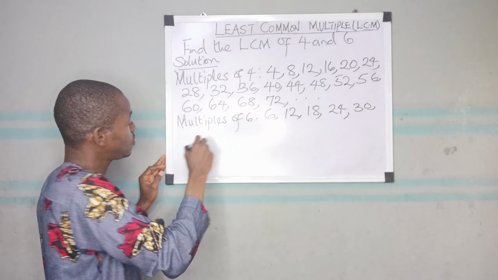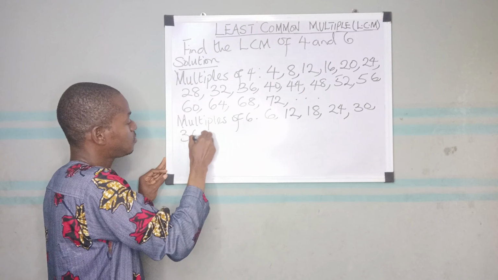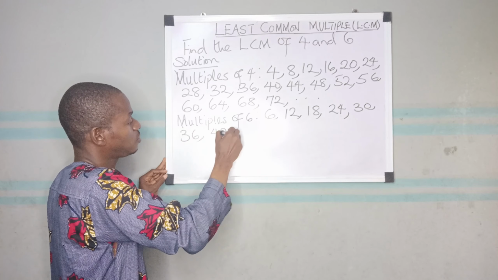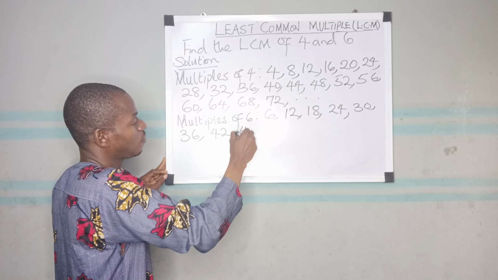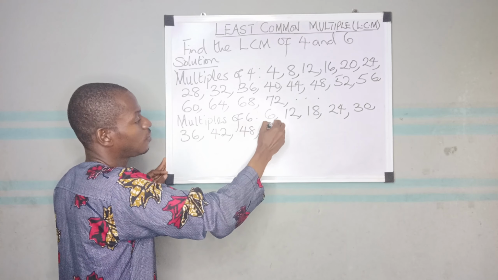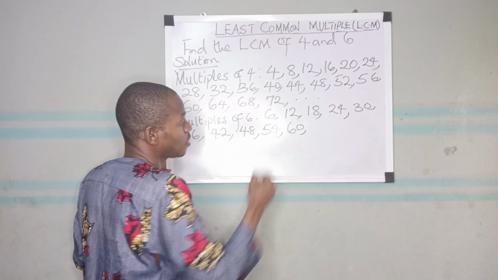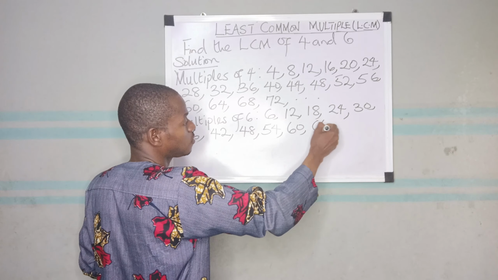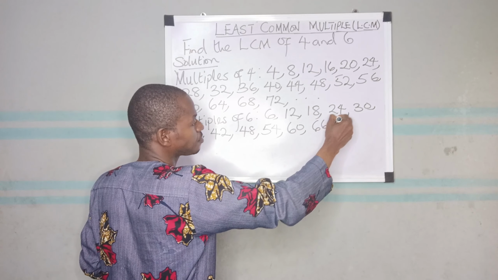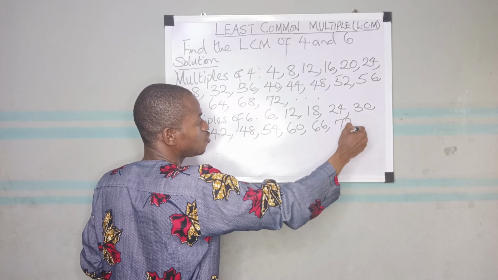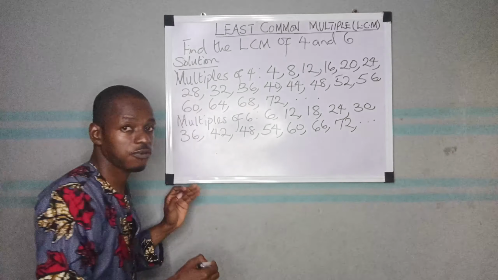We'll just be adding 6. The next one, 36. The next one, 42. The next one, 48. The next one, 54. The next one, 60. The next one, 66. The next one, 72, and so on and so forth.